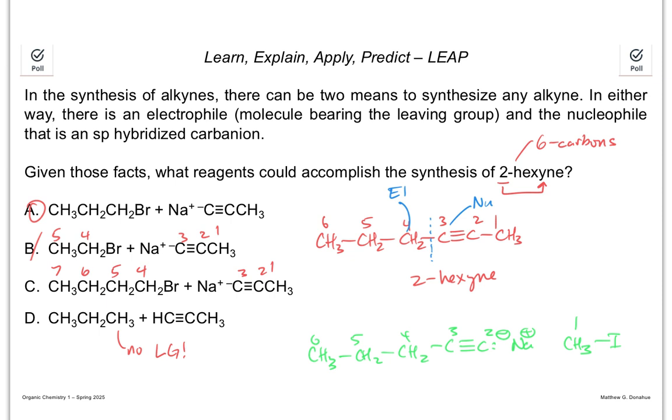As long as we stick a reasonable leaving group on there, we can use iodo, chloro, bromo, whatever. Anytime you see an internal alkyne, there are 2 ways of disconnecting it, 2 routes.